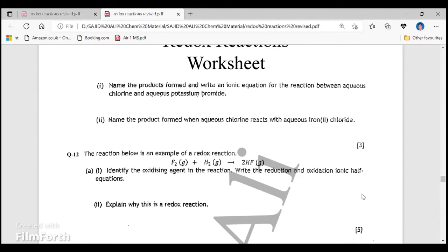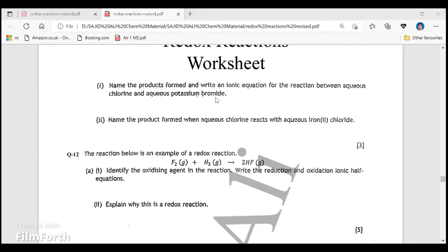Which two products will be formed? Potassium iodide and bromine? Where is iodine? There is no iodine here. Potassium chloride and bromine. Read this question once again. Name the product formed and write an ionic equation for the reaction between aqueous chlorine and aqueous potassium bromide.